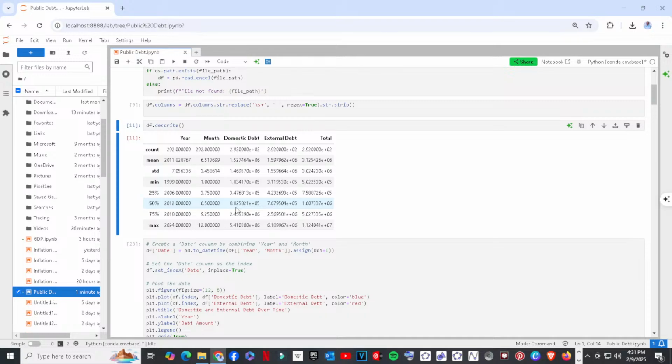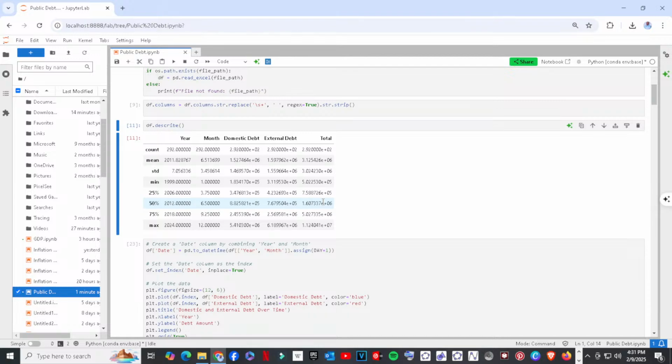So the median domestic debt is about 883 million, and the median external debt is about 767 million. That means the median total debt is about 1.61 trillion.